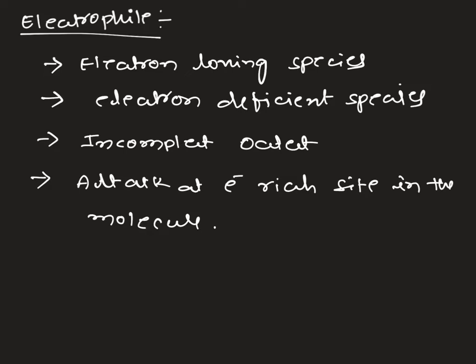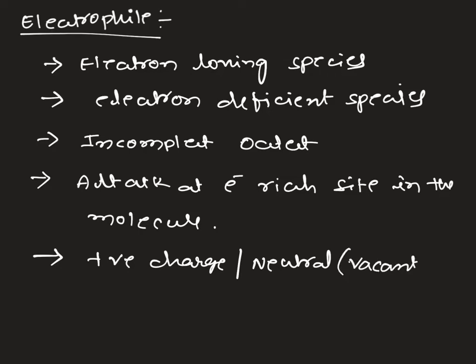And with respect to the charge, electrophiles have a positive charge or may be neutral. In the case of neutral, there must be a vacant orbital present, then only it acts as an electrophile. Let's take some examples.